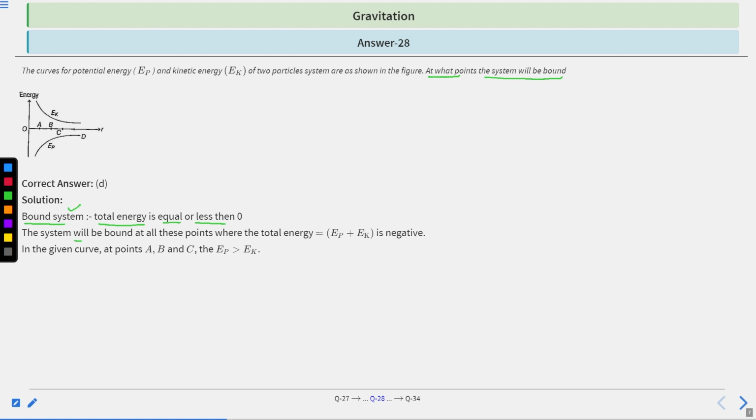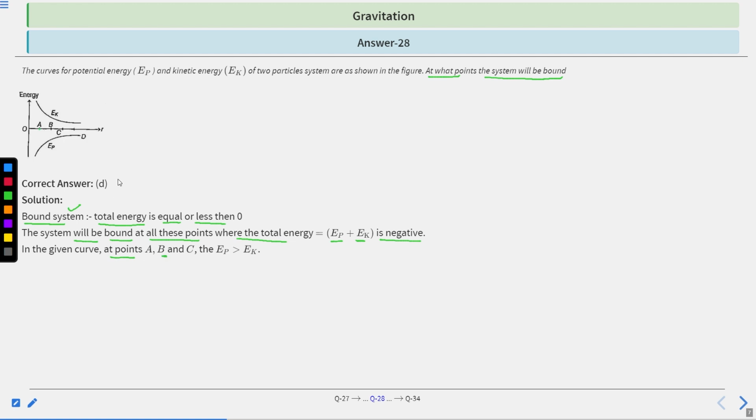The system will be bound at all points where the total energy, meaning potential energy plus kinetic energy, is negative.